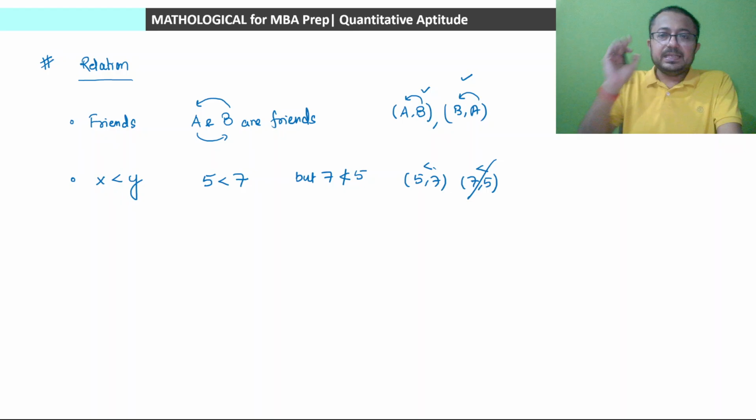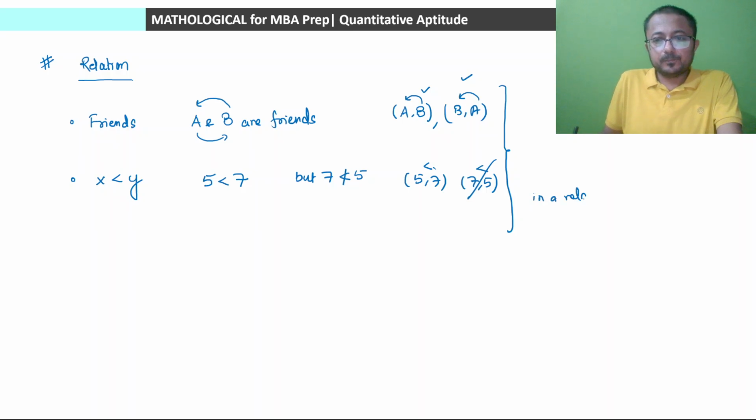So basically, in a relation, elements, which in the first case are A and B, and in the second case are 5 and 7, are related by a statement.